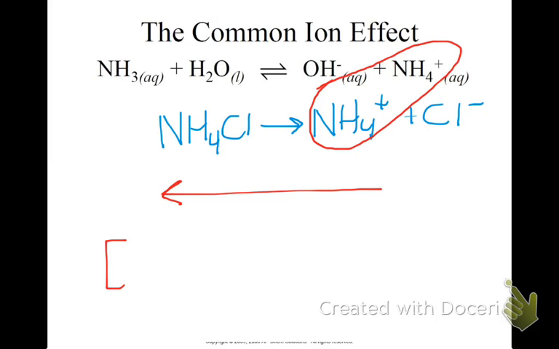So before, when it was just the ammonia in there, it had some amount of hydroxide. When you add in that NH4Cl, this ammonium chloride, it's going to drive the equilibrium back, which is going to lower the concentration of the hydroxide, which means that the pH will go down as well. So we lower the hydroxides, pH goes down.